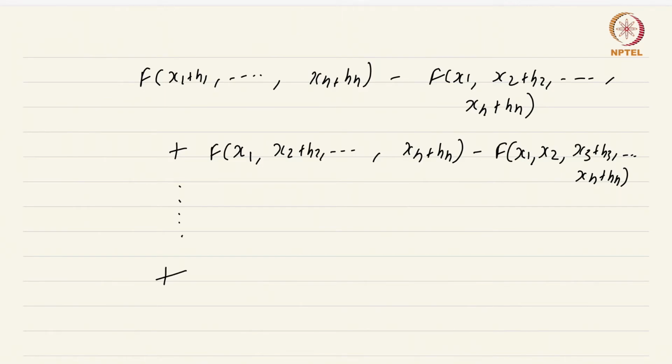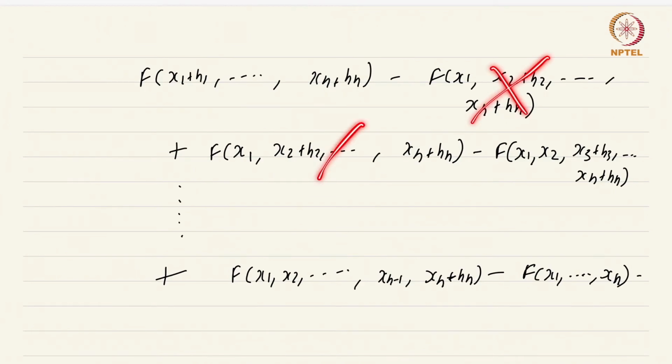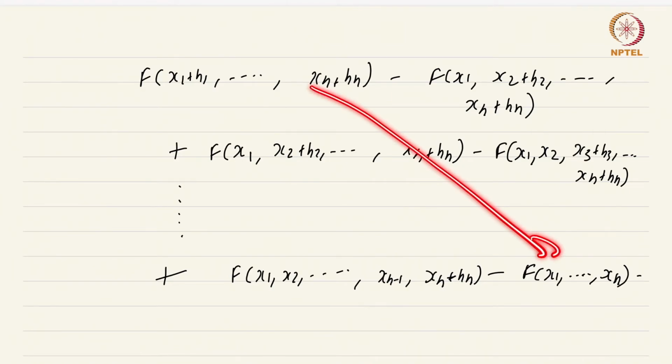Finally you will get f of (x1, x2, dot dot dot, x(n-1), xn plus hn) minus f of (x1 to xn). There is just going to be cancellation, so this term gets cancelled with this term, and will get cancelled with whatever term was supposed to be there within these dots. So finally you will be left only with this minus this.